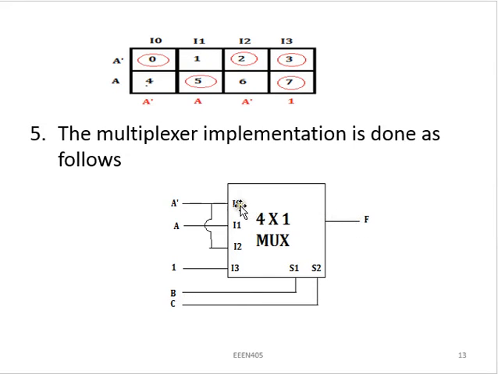Now at the point of I0, I know I need A prime and I connect it here, and at the point of I1 I need A, look at it here, I2 needs A prime, then I tap from this I0 and take A prime to I2, and finally I3 needs 1 and I connect 1 to it, and this is the implementation of that given Boolean function.